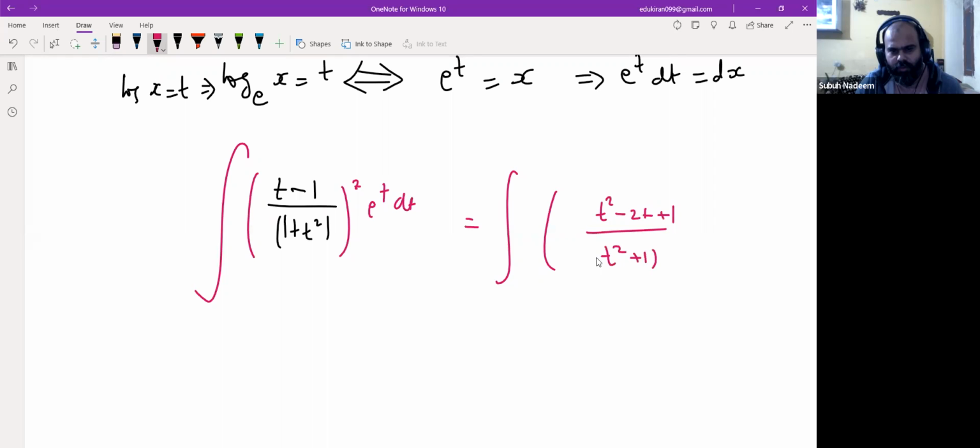Perfect. Then I took t square plus 1 and minus 2t as two separate terms. Perfect.